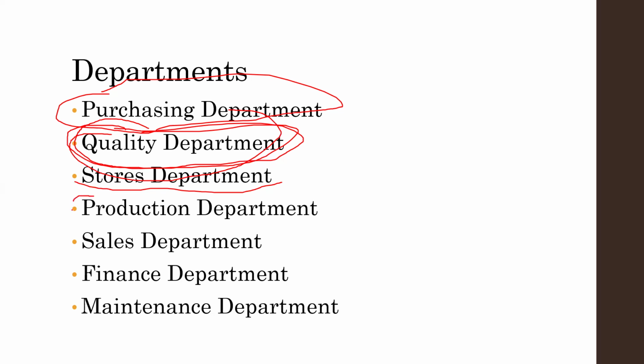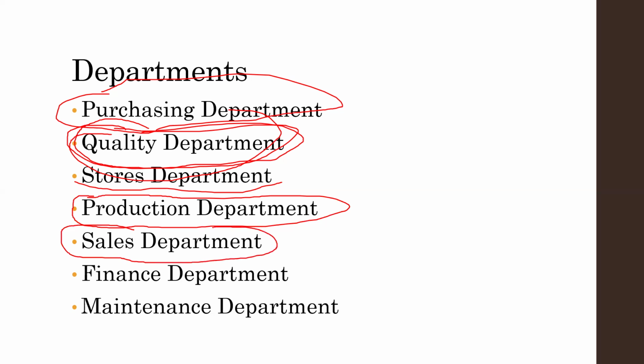The production department knows from where the material has to be taken, and they assemble it in the production line and make it into finished goods. Now the sales department comes into the picture. They know where the material is lying, and they take the material and sell it to the customer.